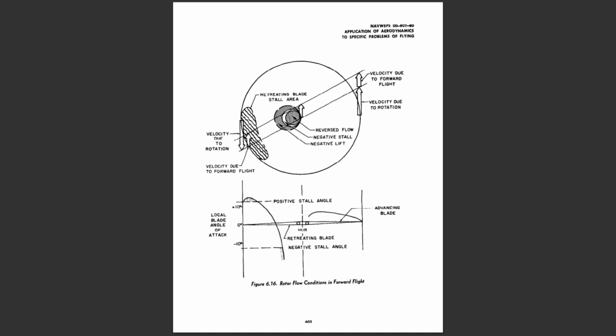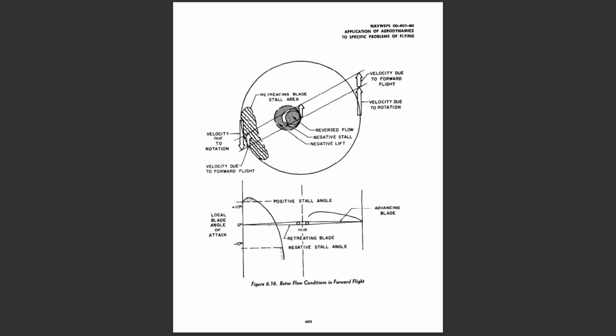High gross weight. 4. High density altitude. 5. Accelerated flight. High load factor. 6. Flight through turbulent air or gusts. Sharp updrafts result in temporary increases in blade angle of attack. 7. Excessive or abrupt control deflections during maneuvers.